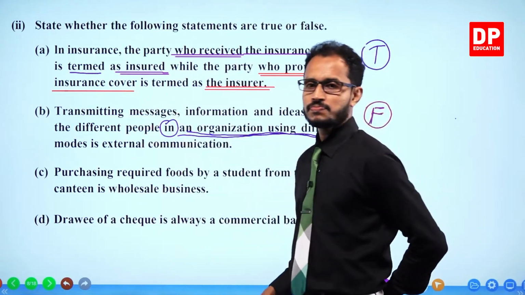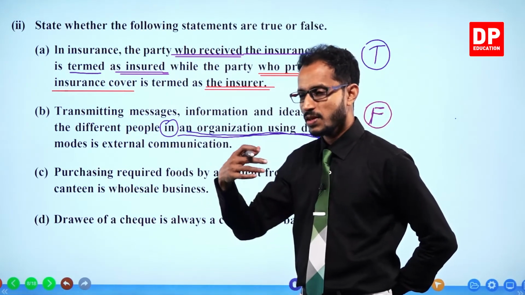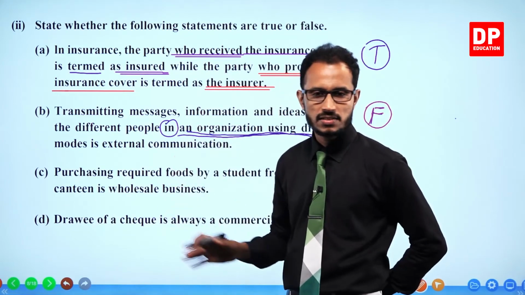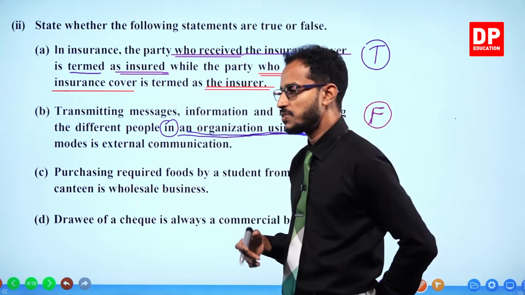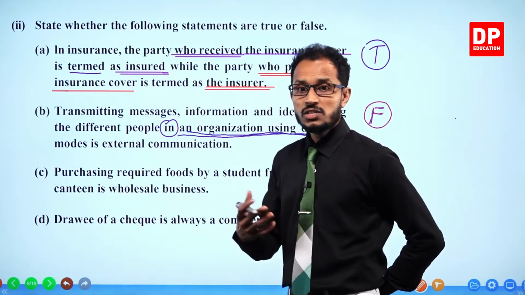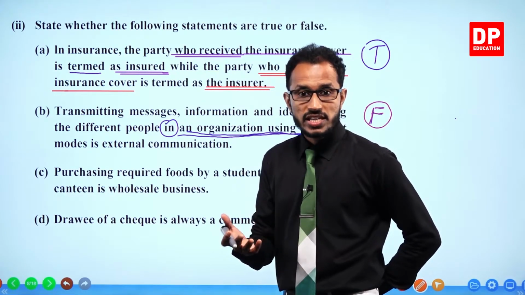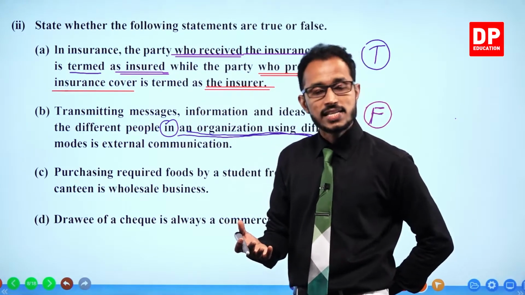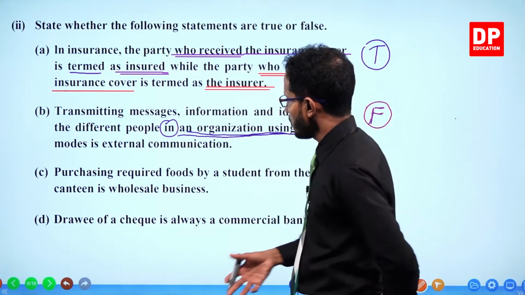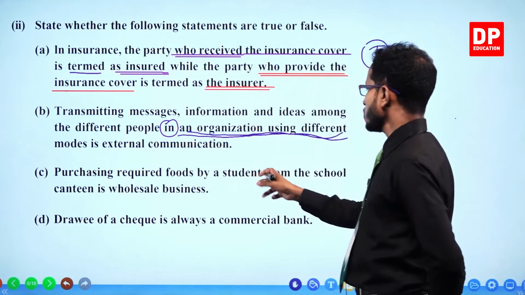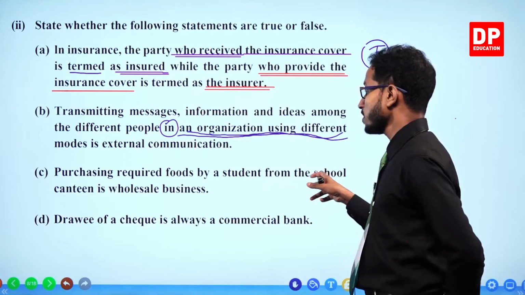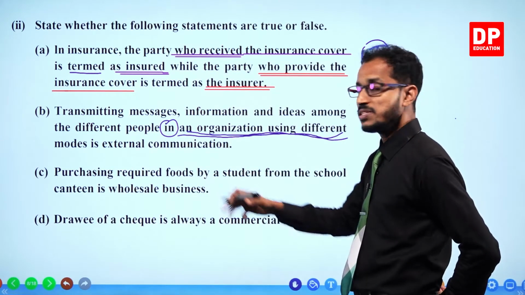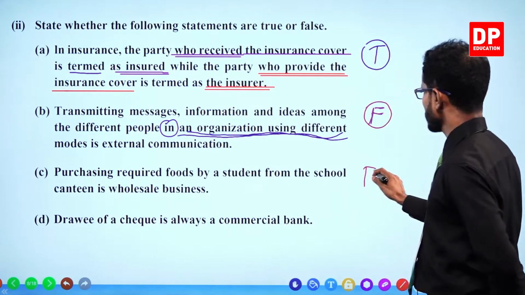You buy a fish bun or a burger bun or a drink, and you consume it, you eat. Is that wholesale? False.